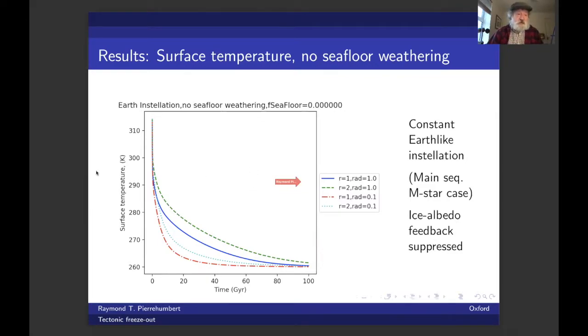In each of these results, we'll show the surface temperature on the vertical axis, and the horizontal axis is time in gigayears going out to 100 billion years. I show results for 4 cases. One case with the same concentration of long-lived radionuclides as the Earth has, and another case which is deficient in radionuclides.